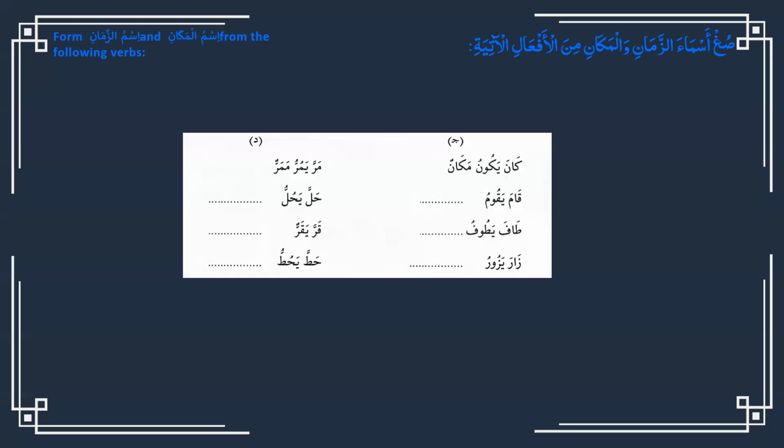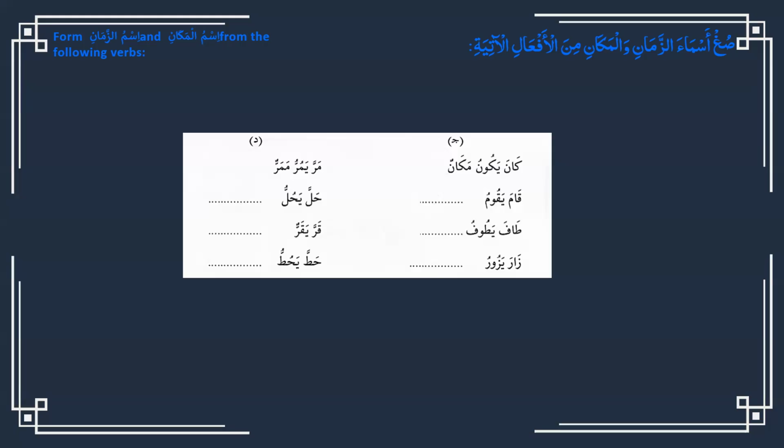What did you use for station, like an airport or a train station? What will you call it? Mahattatun. Yeah. So then what does it change into? This hatta yahutu will change into muhatta, or muhattatun, you can change that. So that will make it a station, meaning a loading place, a place to put down or a place to stop.